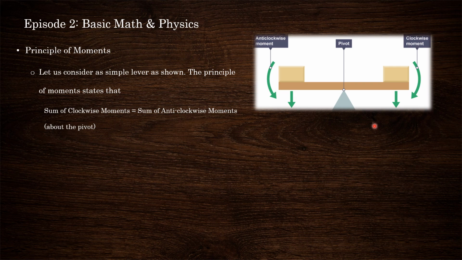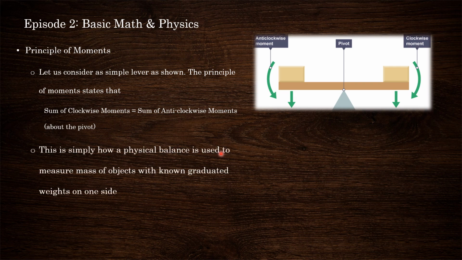So that's how we know that you're buying a kilogram of tomato or a kilogram of some vegetable that you want to buy. So they are equating mass. It's just very simply how a physical balance works, and it's used to measure the mass of objects with known graduated weights on one side, and it's just measured on the other side.